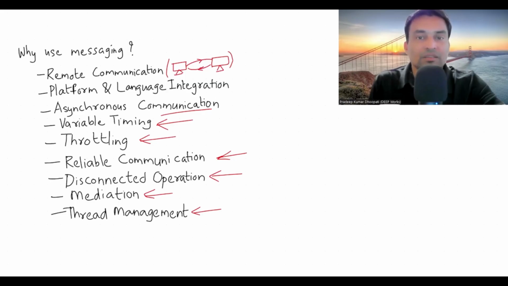This way the thread management is optimal in the case of messaging when compared to other integration approaches, like remote procedure invocation, which are synchronous and real time. There is no room for delays in the communication if we opt for that kind of approach.